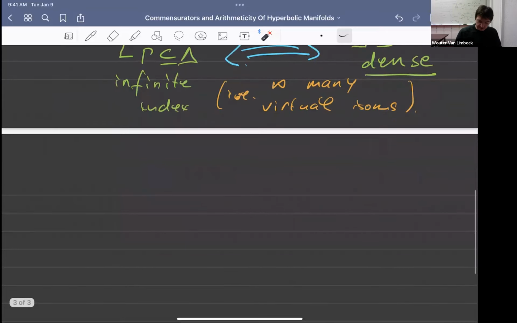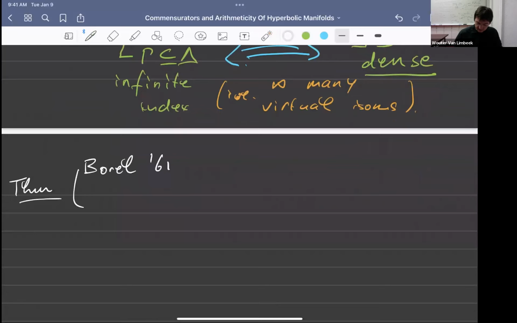All right, so fortunately, this has been done. So not our result. One direction is due to Borel about 50 years ago, and the other direction is due to Margulis.